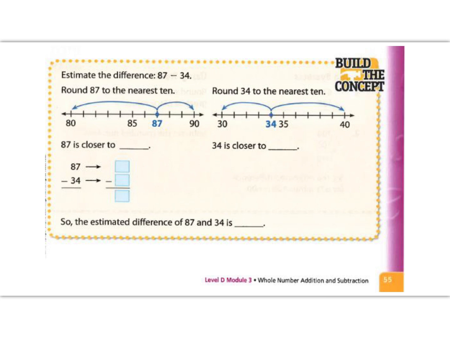So 87 is closer to 90. 34 is closer to 30. So the exact answer, 7 minus 4 is 3, 8 minus 3 is 5. So we would round, 90 minus 30, and we would get 60. So the estimated difference is about 60.